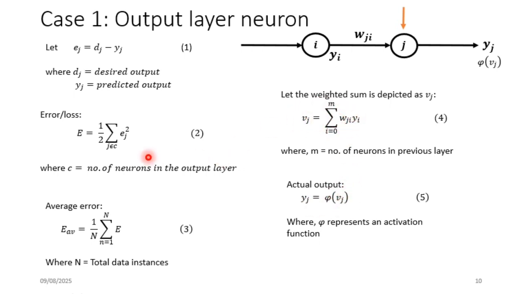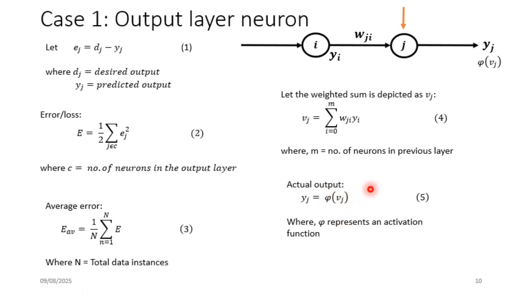If we compute the derivatives, the derivative of E with respect to Ej is Ej, and the partial derivative of Ej with respect to Yj is -1. The derivative of Yj with respect to Vj is actually the derivative of the activation function, which we write as phi dash Vj.